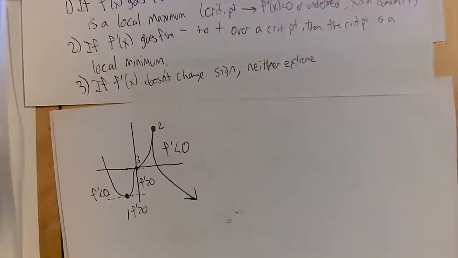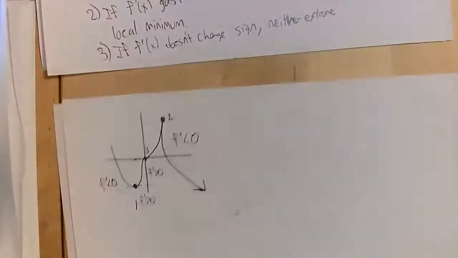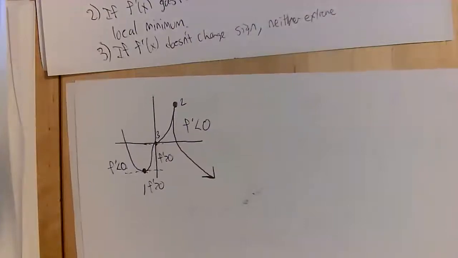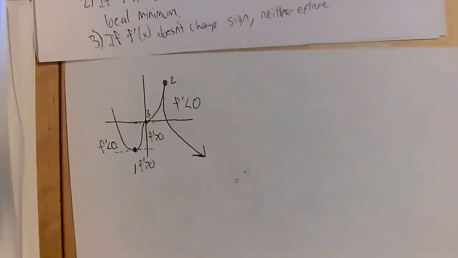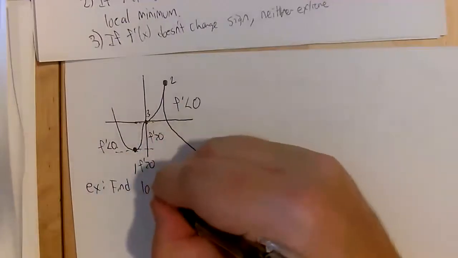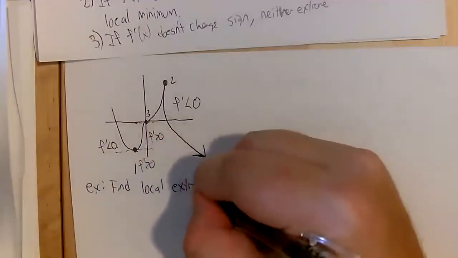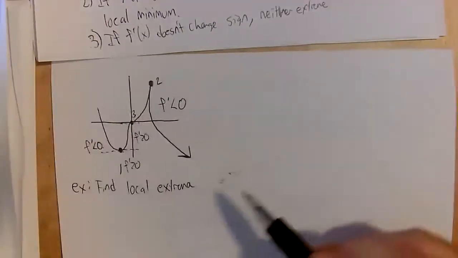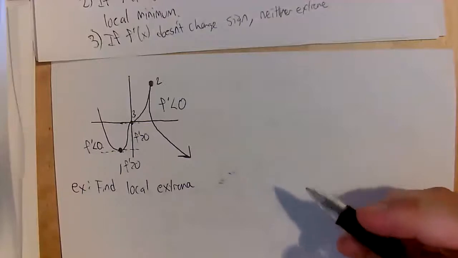All right, I know this video is a little bit long, but I just want to do one example where we use the first derivative test and we learn about a function. So what we're going to do is find the local extrema, and we learned how to find absolute maxes or mins in the previous video. So if you want, you can do a practice with that.